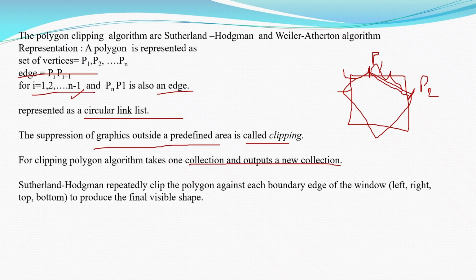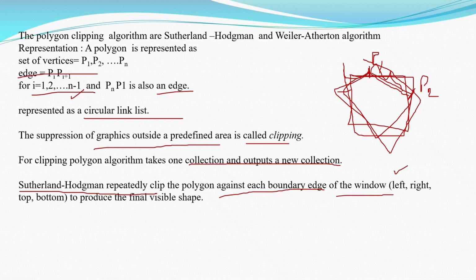In Sutherland-Hodgeman, we repeatedly clip a polygon against each boundary edge of the window. Whatever the window is, the polygon crosses it, and the edges are clipped repeatedly. The window's edges are processed in a sequence such as left, right, top, bottom.